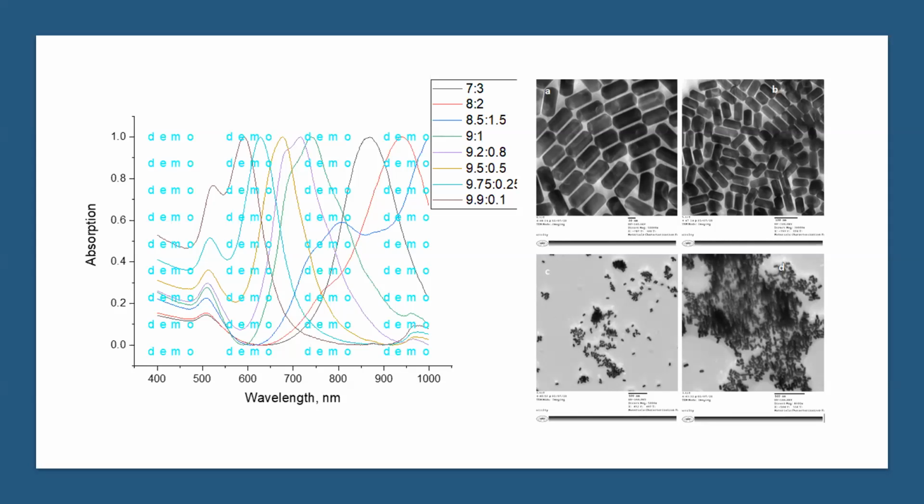After repeating the reactions, although the shifts in the peak wavelengths are consistent, it is hard to reproduce the trial. So the TEM image of the 9.9 to 0.1 CTAB and seedless gold nanorods ratio verifies that the result was indeed uniform, so regrowth actually works.